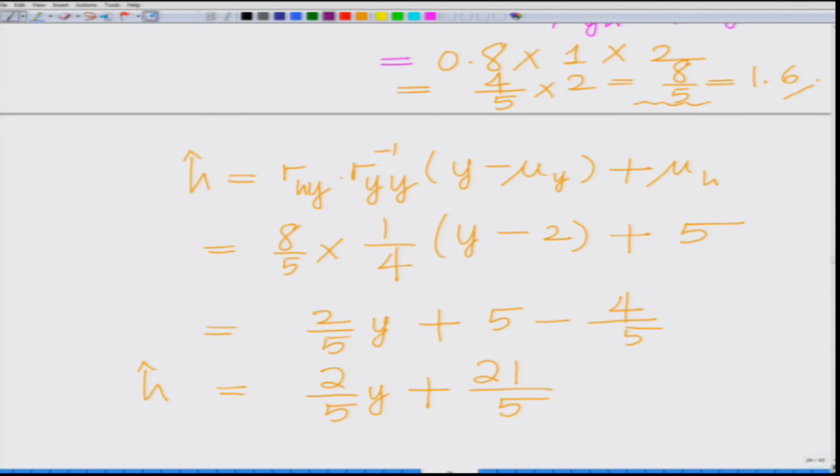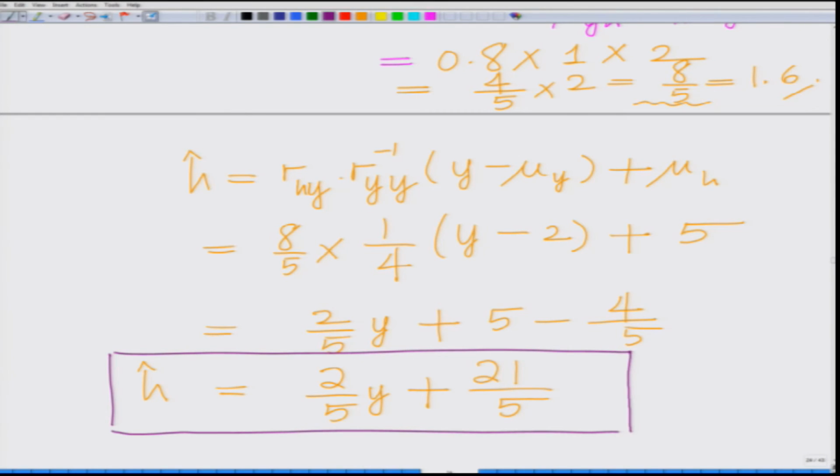This is your MMSE estimate of the parameter h, and remember we are also given this information.